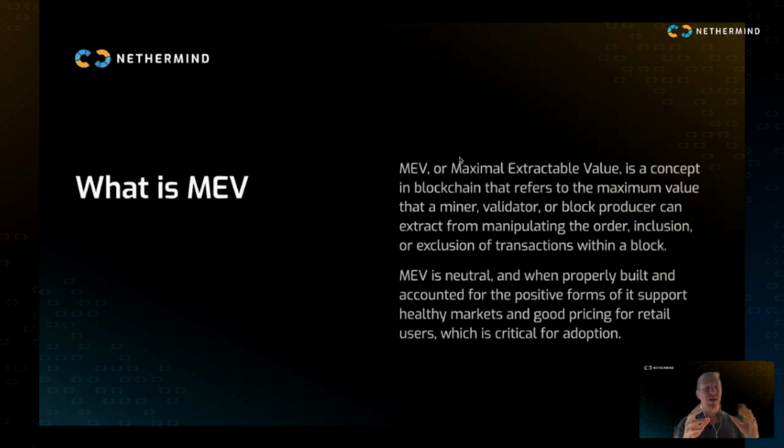It makes pricing in markets like Ekubo and others more accurate and aligned with other marketplaces like Binance, Coinbase, Ethereum, etc. So it's critical for supporting healthy markets, and that's what we really want to enable.